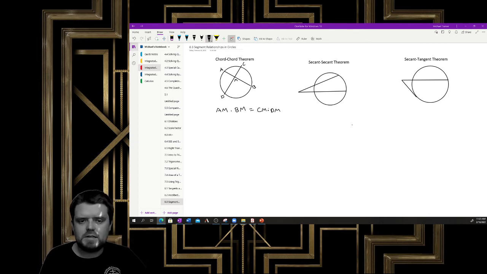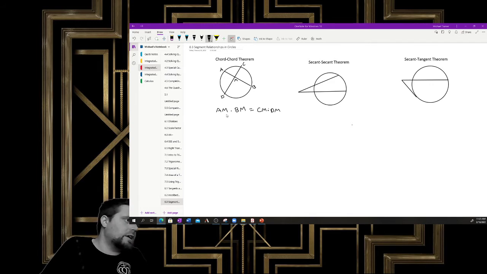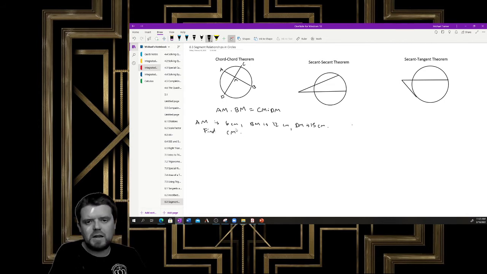So for instance, let's say I tell you that AM is 6 centimeters, BM is 12 centimeters, say DM is 15 centimeters, and then ask you to find CM. So if I give you 3, you should be able to find the 4th using this.